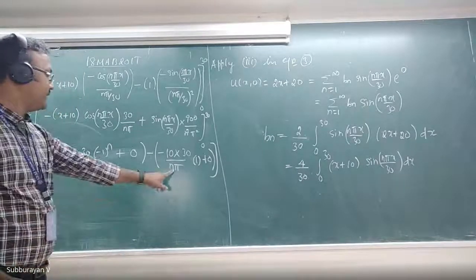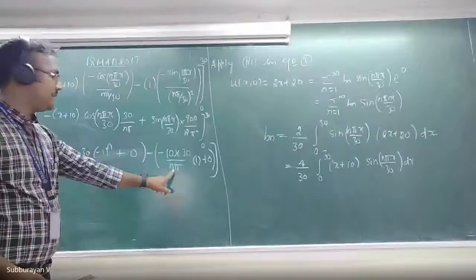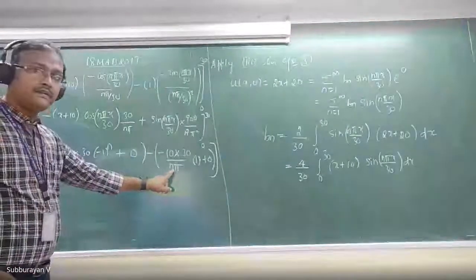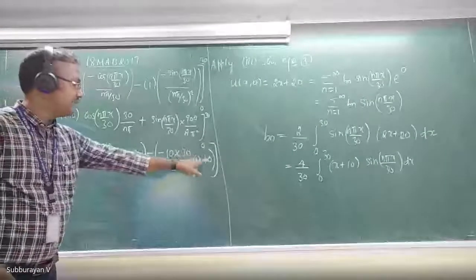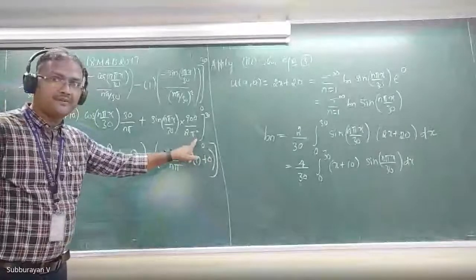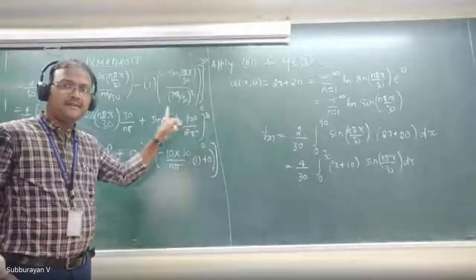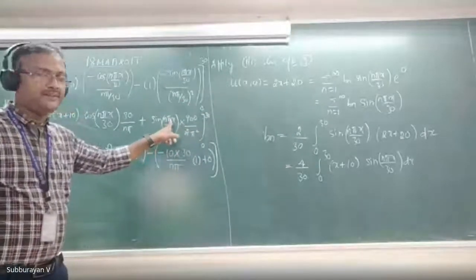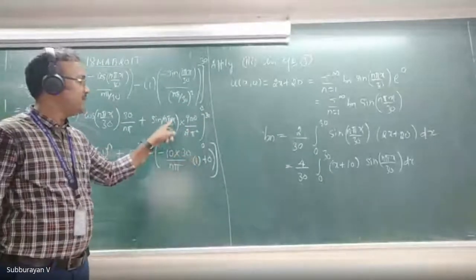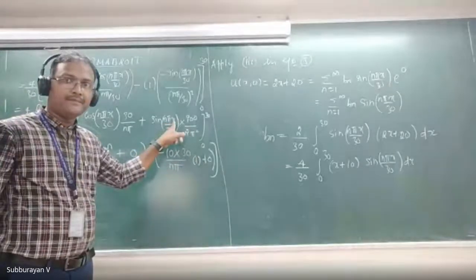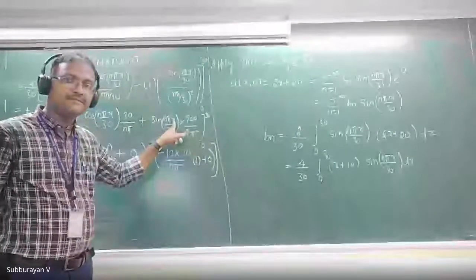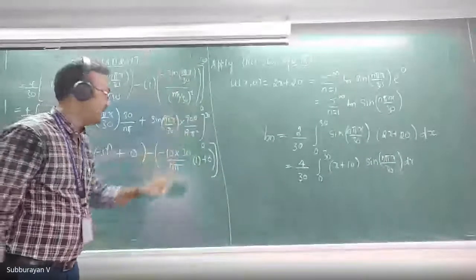Here it will be n pi only, because only the second term has n square pi square. In both cases, if we apply the upper limit, this will be 0 because sin n pi is 0, and if I apply the lower limit, this will be 0. Clear? Yes, sir. Okay, fine.